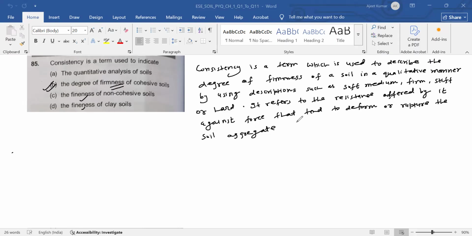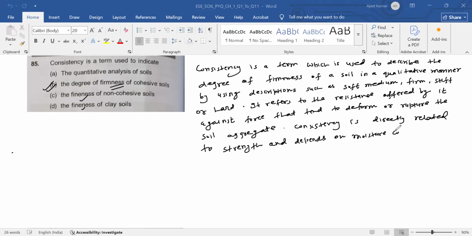Consistency is directly related to strength and depends on moisture content of soil. Okay, this is all about this question, so the answer will be B.